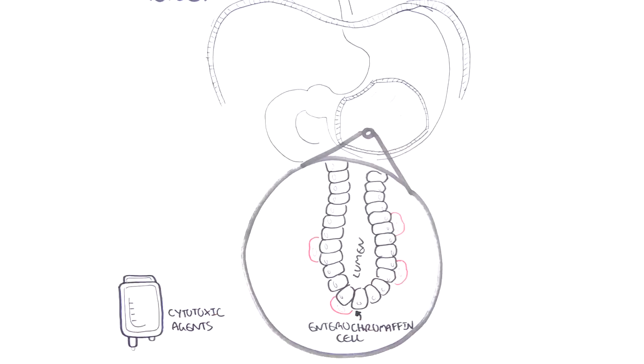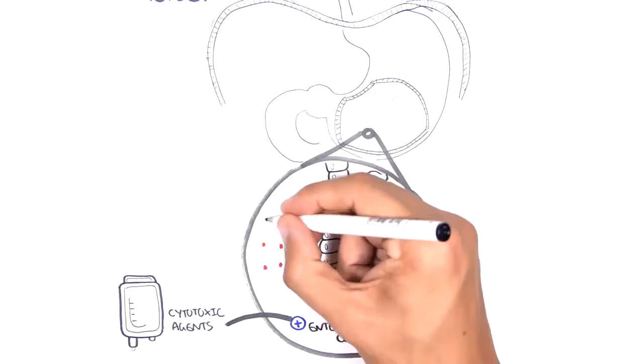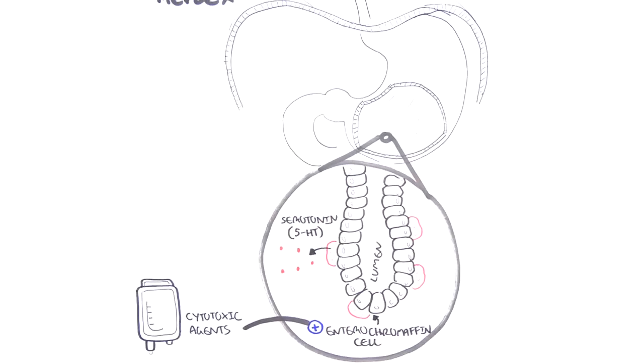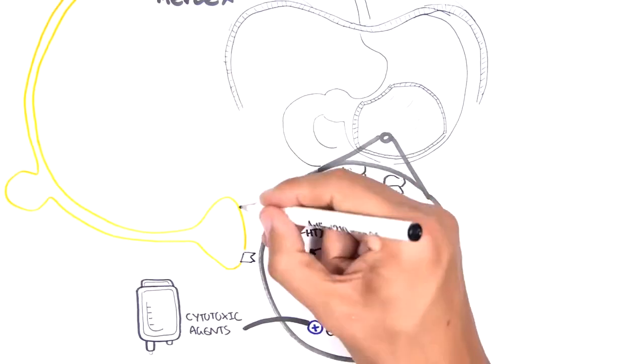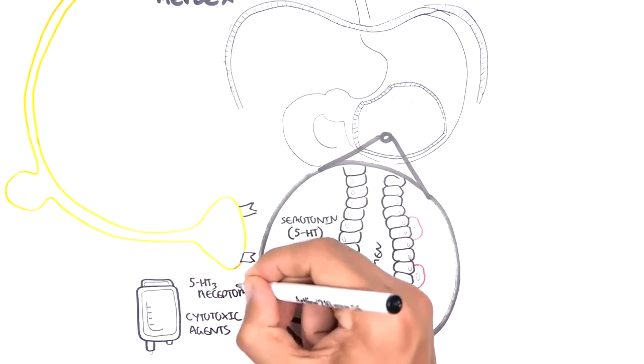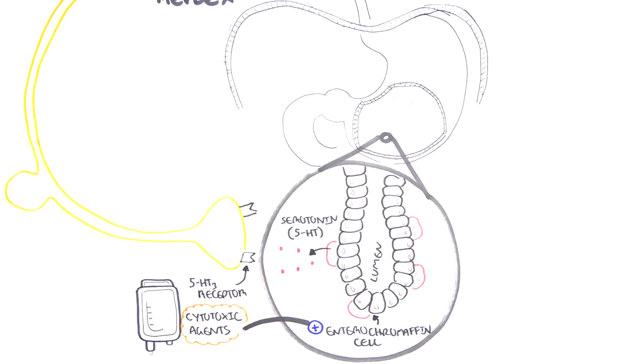The enterochromaffin cells release serotonin in response to cytotoxic agents, which is thought to then stimulate 5-HT3 receptors on sensory nerve fibers around the area.